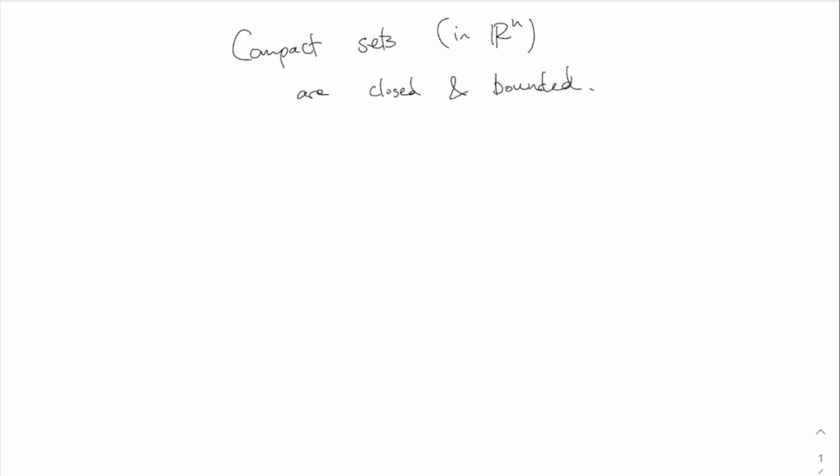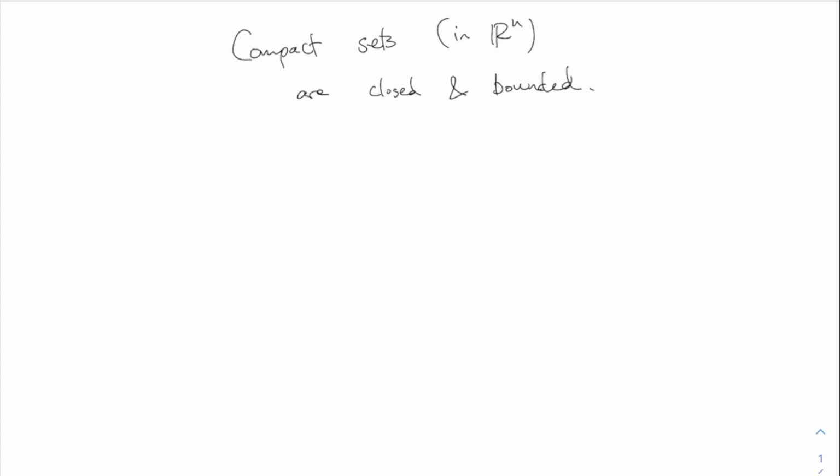And he said, "Yeah." "Oh yeah, well, what's the Heine-Borel theorem?" And he said, "Compact, or in Rn, a set is compact if and only if it's closed and bounded." And the guy said, "Oh, all right." So that's what it takes to prove that you're a real mathematician, apparently.